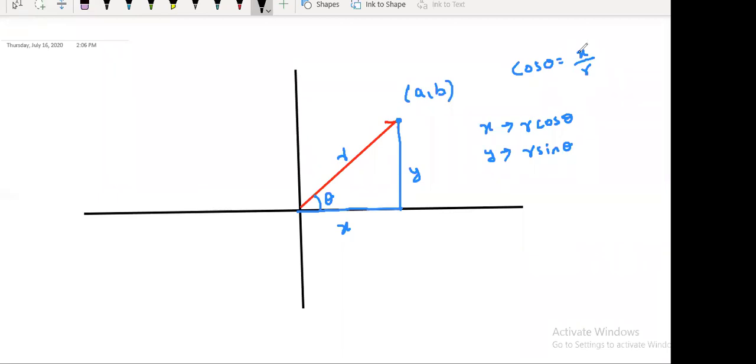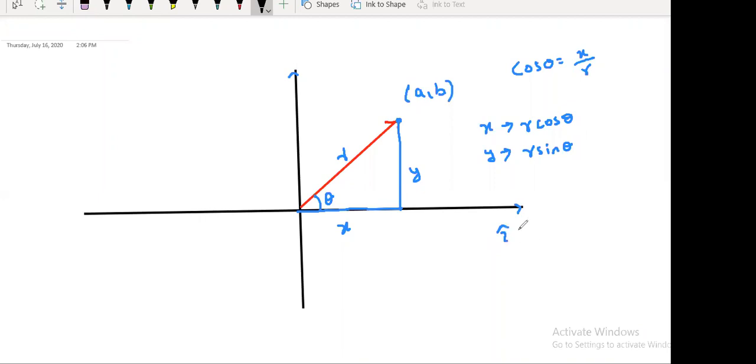Now, how to represent a vector? For vector, direction is very important. So, in order to represent the direction, we have different signs. For x-axis, the sign is i cap. I cap means direction in x-axis.